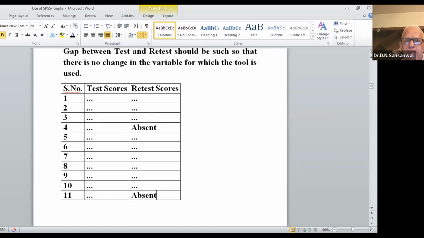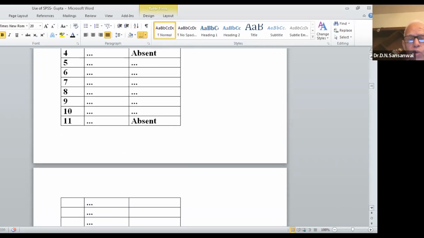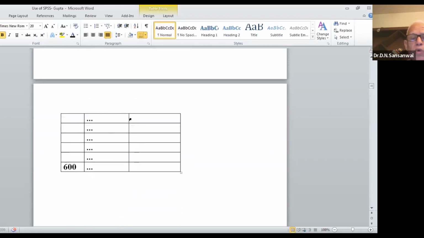And when they are absent on the retest, their scores should not be considered. So the test score of number 4 should not be considered. You can delete it, and the score of 11 also should not be considered. So you only have to consider the scores of those people who were present in both the testings.